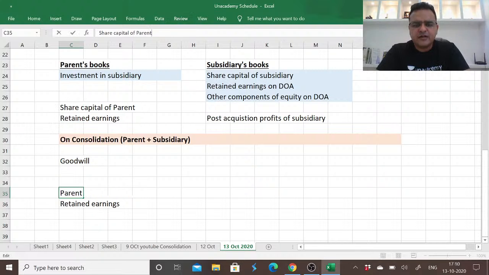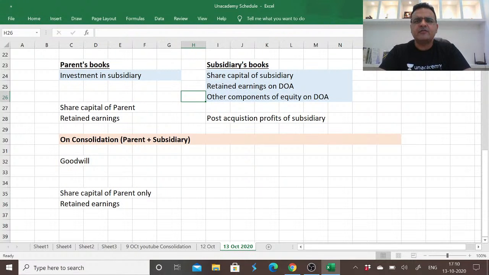We do not consolidate it with the share capital of subsidiary because that gets cancelled with the investment in subsidiary, because of the principle that asset of one entity and liability of another gets cancelled on consolidation. The retained earnings position on date of acquisition is cancelling with the investment in subsidiary. Any other components of equity are cancelling. This is the reason we include only post acquisition earnings.